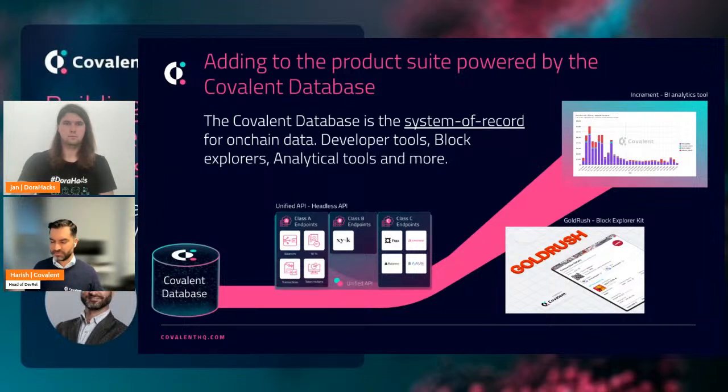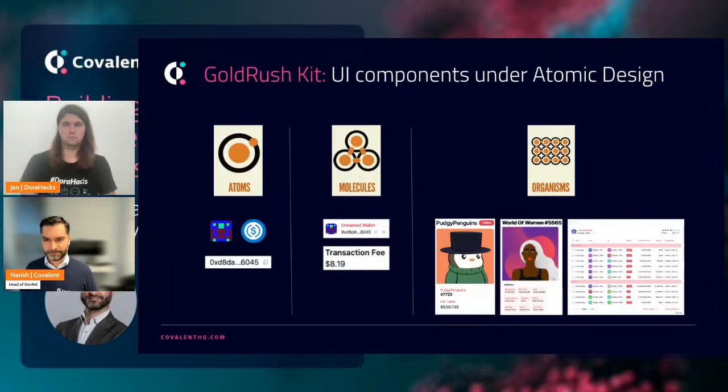It's a similar type of use case where you can type SQL and get your charts. And GoldRush is a key component of this product suite that we're building out. And I'll talk a little bit about the bounties that we're offering. Effectively, any developer who uses the API or GoldRush or Increment to build their application is eligible for our bounties.